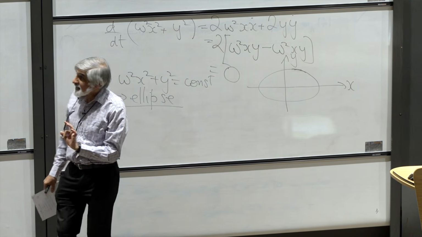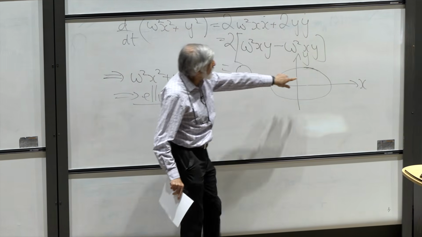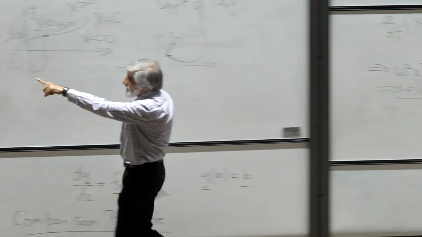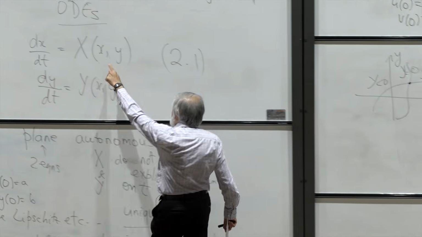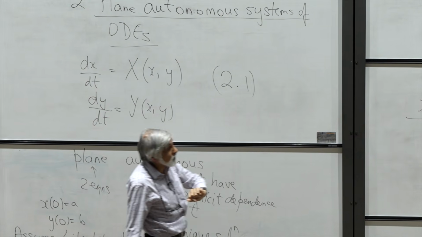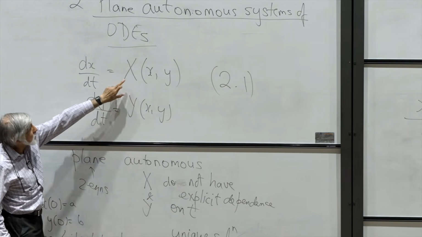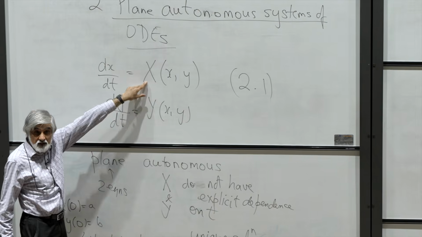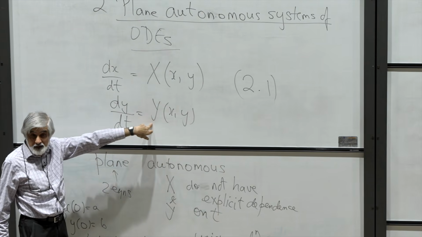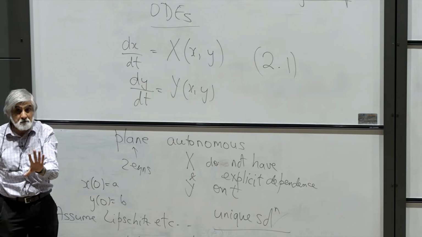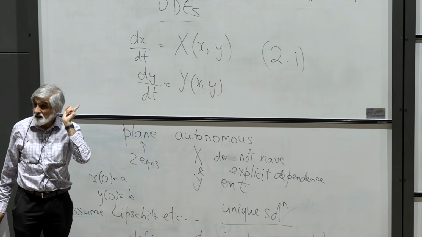Also, it's easier to draw the phase plane than to solve these equations analytically. I mean, obviously, we have a trivial example there which you could solve, but in general, this will be a horrible nonlinear function, and you won't be able to solve it.